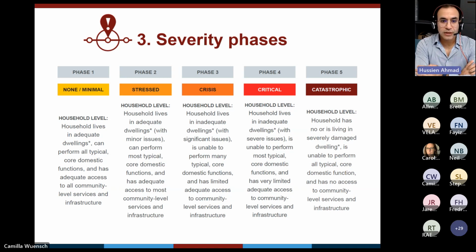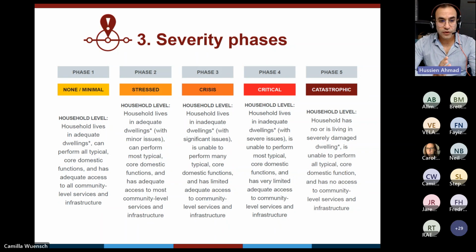moving towards catastrophic, where people have no shelter or are living in a catastrophically damaged, life-threatening shelter, for instance unable to perform their core domestic functions or having no access to services and infrastructure around them.